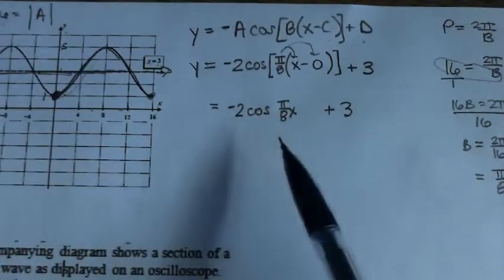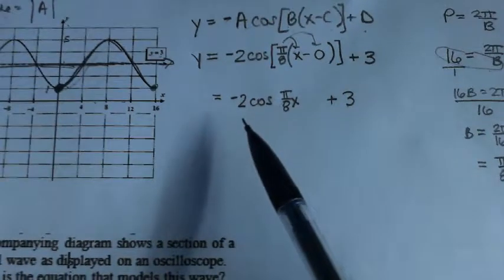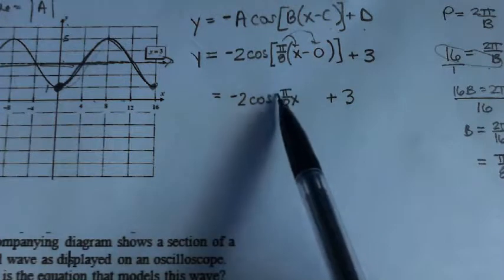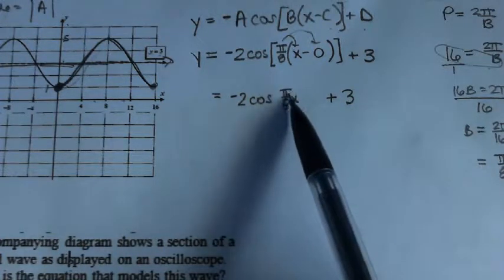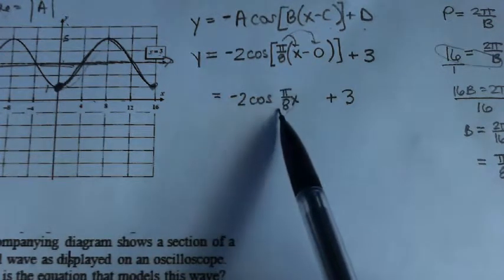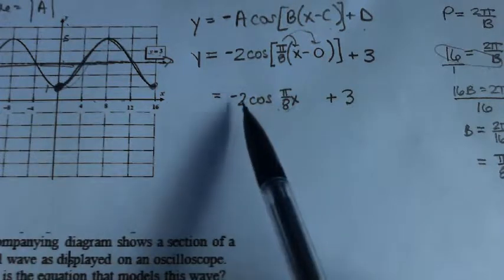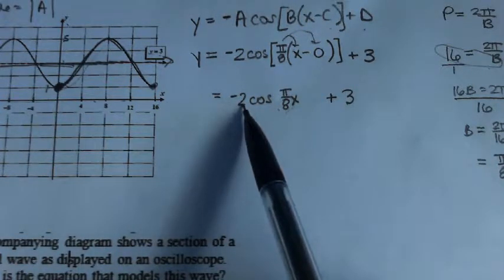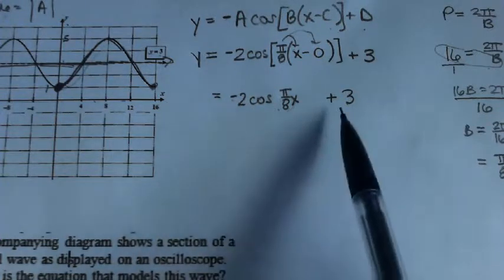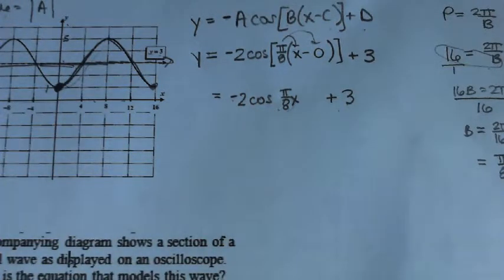So if you think about the transformations that you did like for homework the other day, this is technically 3.14 divided by 8, so that's less than 1. So there's your horizontal stretch, followed by a vertical stretch of 2, followed by a flip upside down, and then shifted up 3 is what happened in that order.